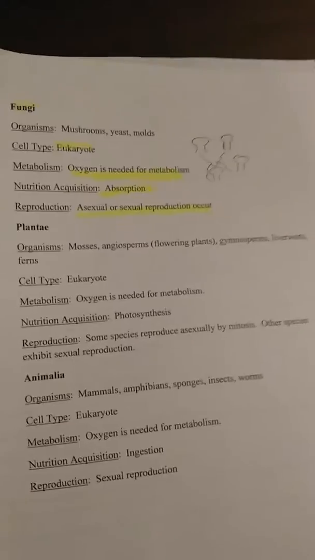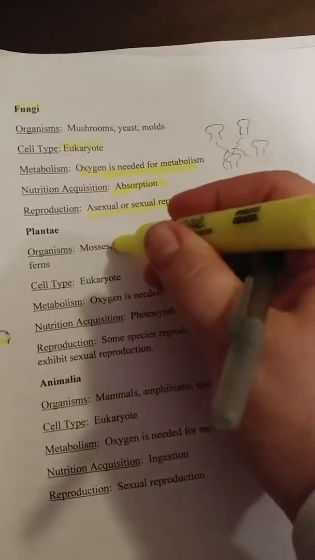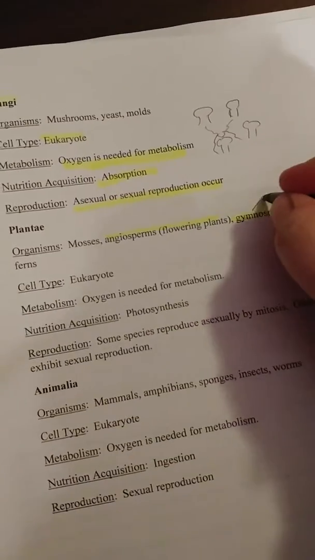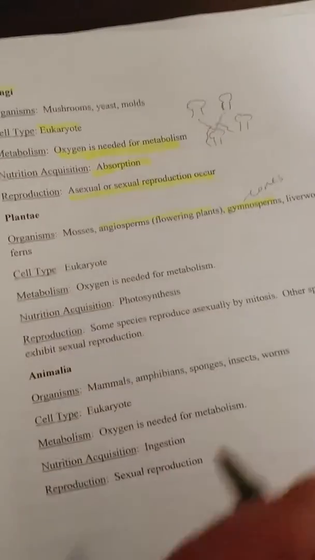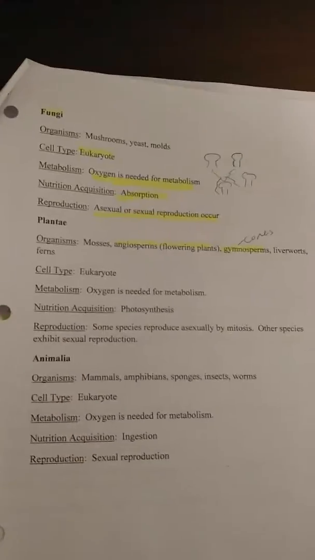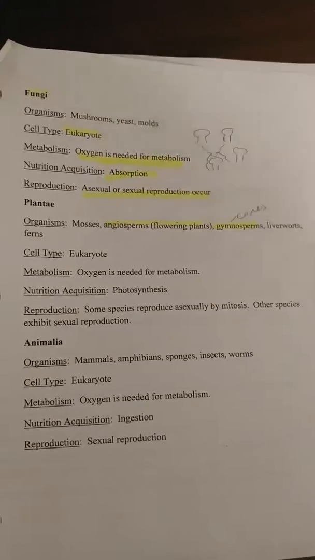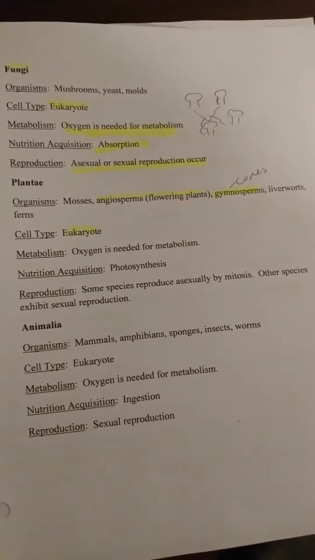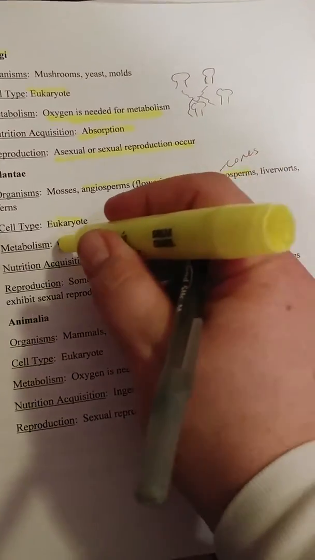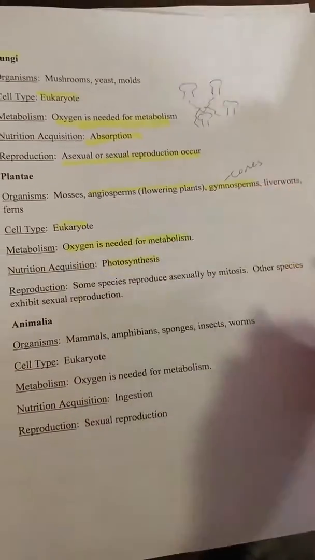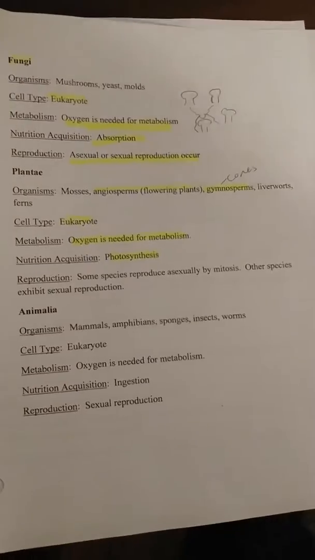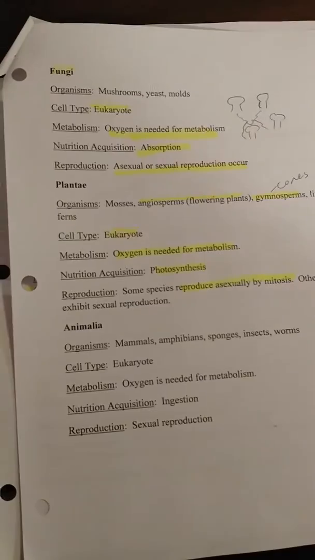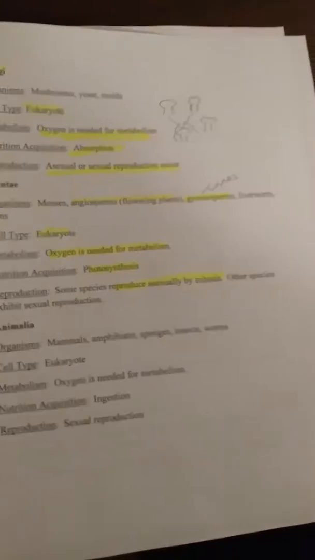Plantae: mosses, angiosperms, which are your flowering plants, gymnosperms, which are cones, like pine cones, liverworts, ferns. All of these things are considered plants. They're eukaryotic. They're a little bit more complex than our fungi. Oxygen is needed for our metabolism. Photosynthesis is how we're going to make our food. And reproduction is some asexually, by mitosis.